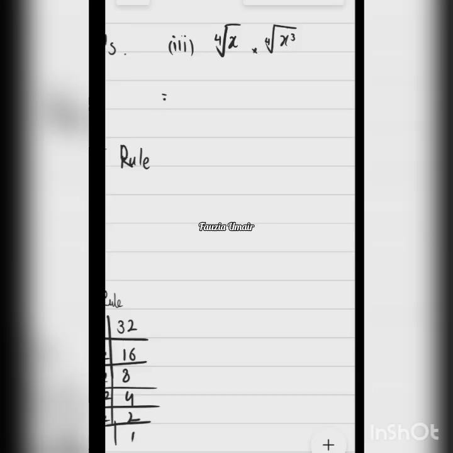Which law can we use? The base is the same and the multiplication is there.